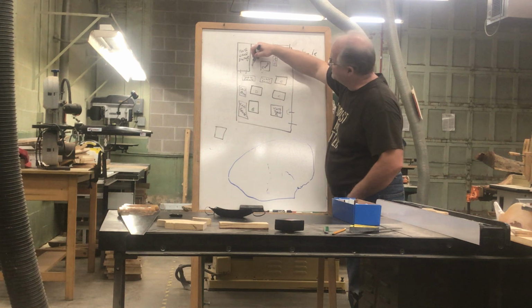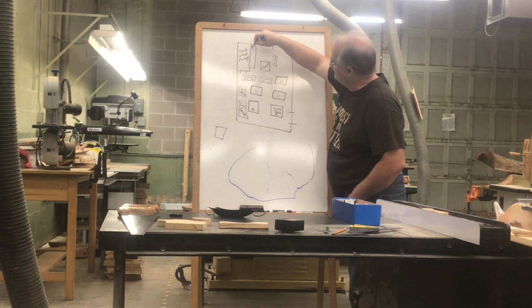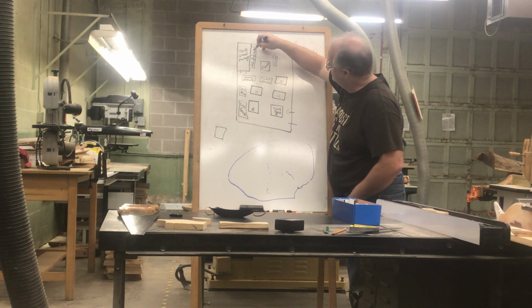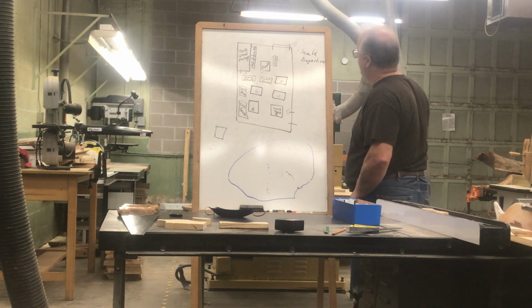Along this wall next to our wood storage area, a really important piece of equipment for us here. That's what we refer to and call a radial arm saw. So I'm going to label that too, a radial arm saw. There.